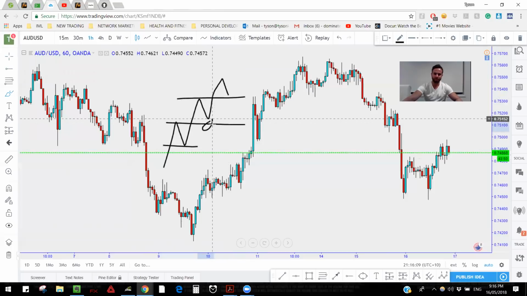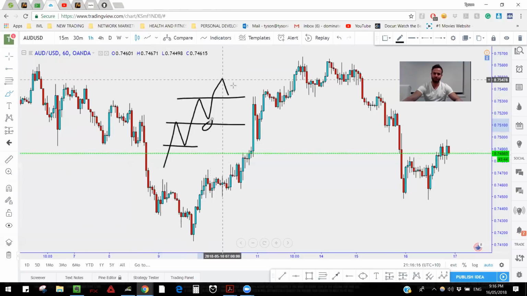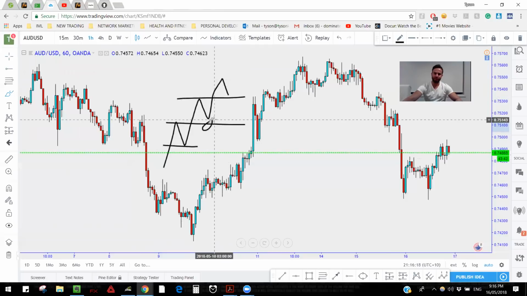This is a good area. Now, once they get in and don't take their profits up here, the emotions come into play, and greed comes into the equation, even though they try to abide by their trading plan and their trading rules.